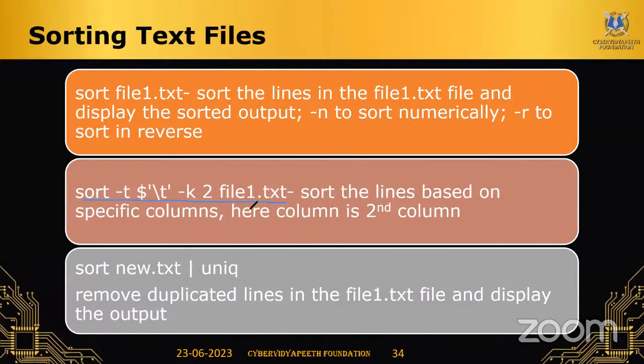Here, for example, we want to sort a text file from the third column. So there we can provide any number. Let's suppose we are providing second here. So we will sort from the second column. Let me show you, then you will understand this command.